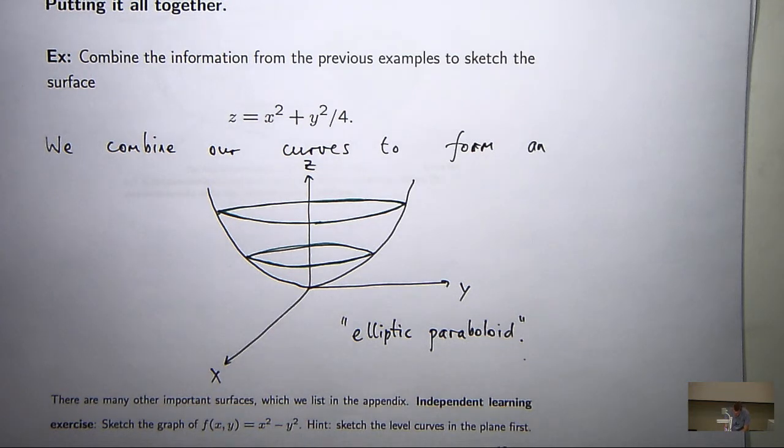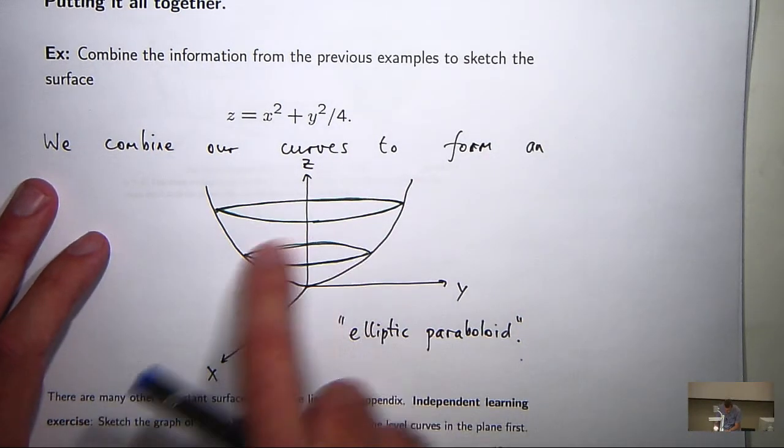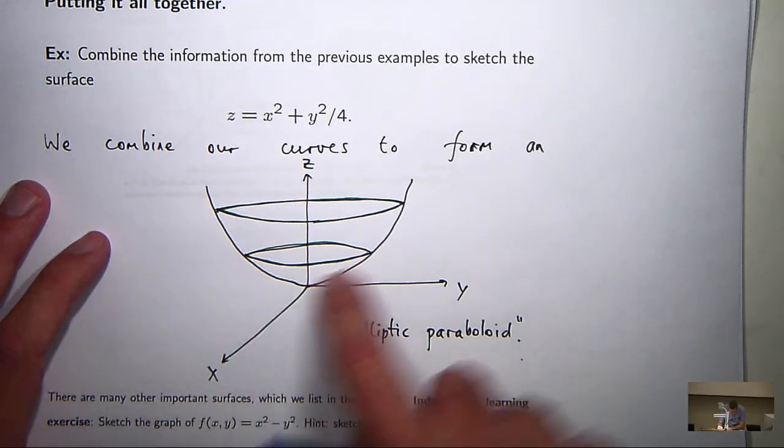So hopefully you can see from that you get a little bit of depth from the picture. Of course, it's hard to draw sometimes if you haven't done it before. We call this thing an elliptic paraboloid because the contour curves are ellipses, and the intersections with various planes are parabolas.